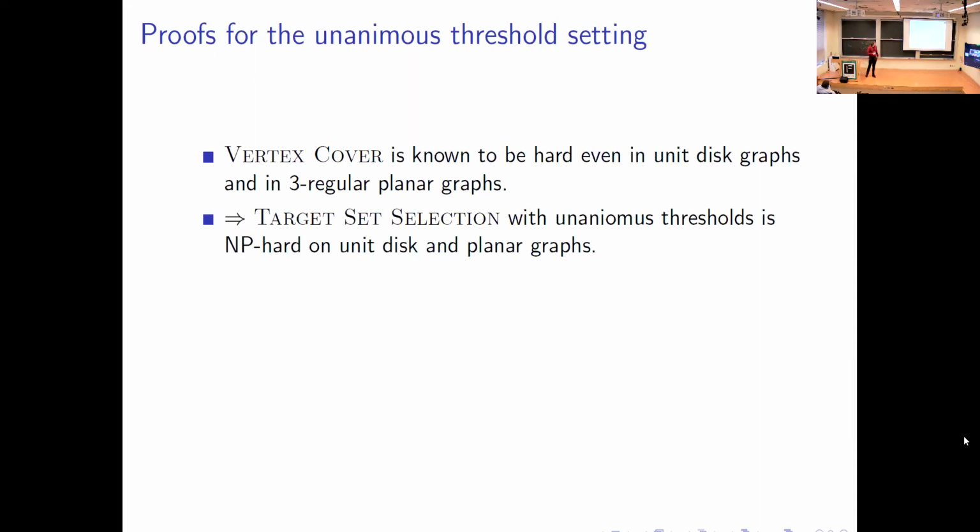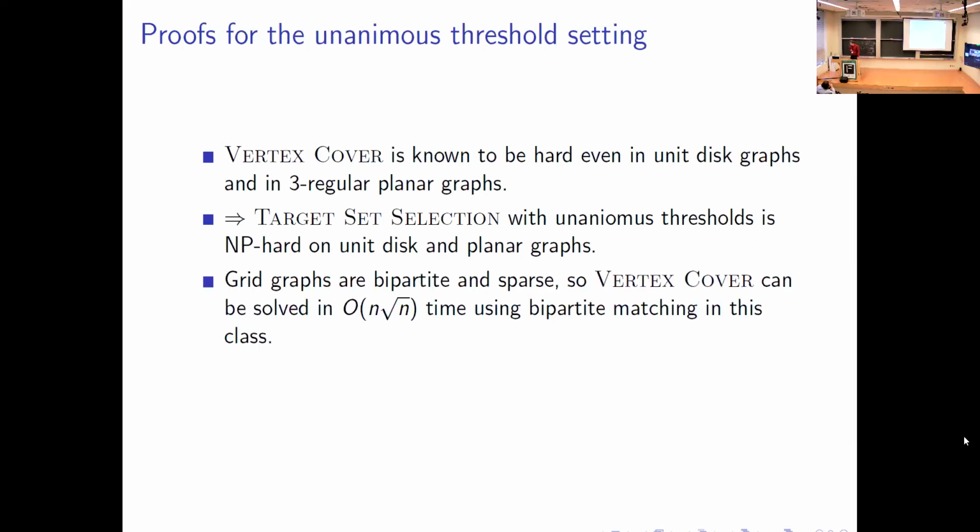So it immediately follows that we get the hardness on unit-disk graphs and planar graphs. However, on grids, it's not hard to solve vertex cover because they are bipartite. There's a standard algorithm for matching, which can be turned into vertex cover because the graphs are bipartite.